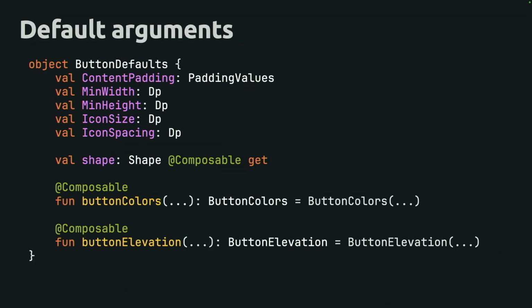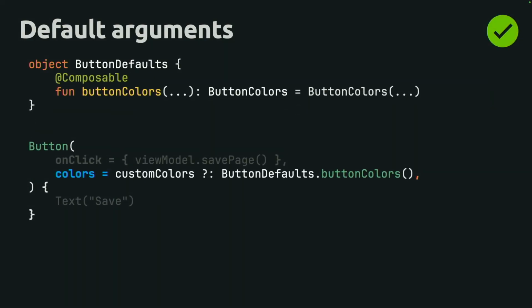And this is actually really useful because as a caller, you can reuse these default values in certain scenarios. For example, let's say that you're trying to use this button component, and in some cases, you have custom colors coming in from some parameters, but you don't always have that. So in case that's a null value, you want to default back to the original colors of the button.